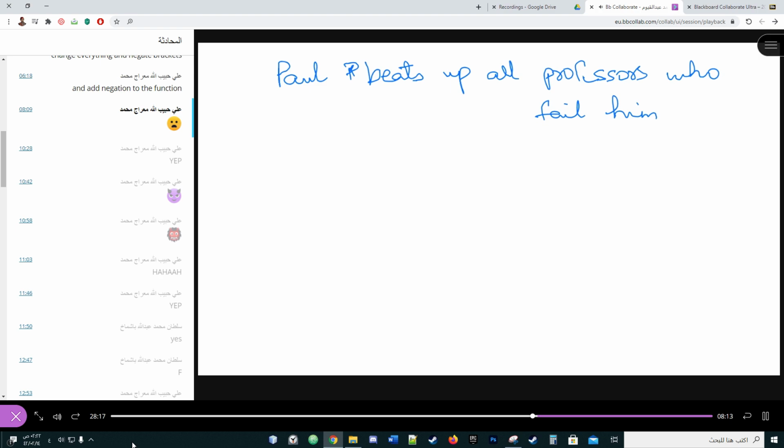So how do we translate this into logic? The first thing we need to do is come up with some functions. We need a function, professor: X is a professor, so we can say P of x. What else?